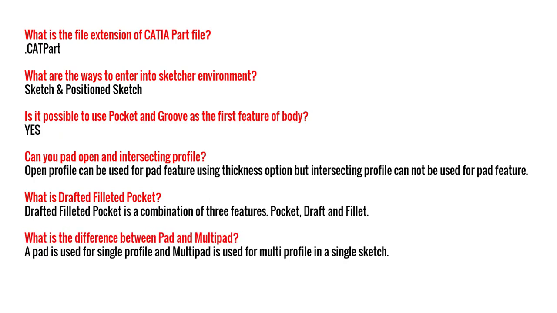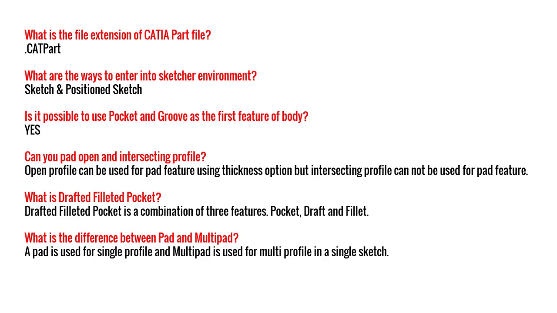What is the difference between pad and multi-pad? In case of pad, we can have a singular value, a single profile. Whatever the closed loop is or are, we will be able to give the same pad value on that and get the desired result.